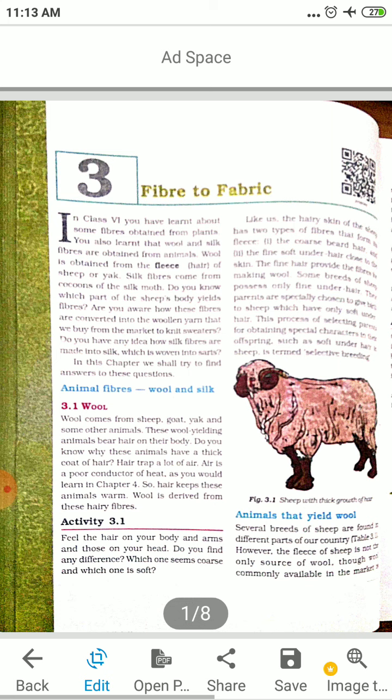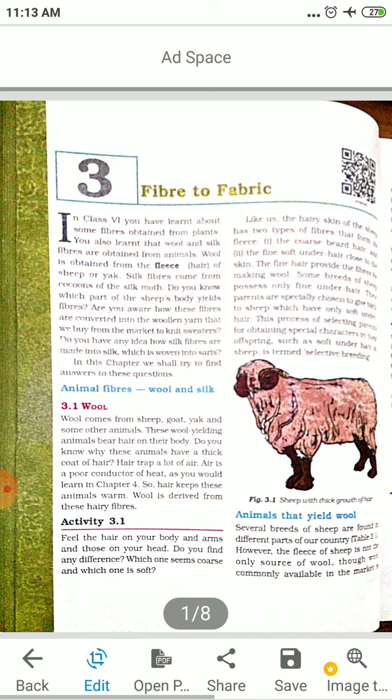Like us, the hairy skin of the sheep has 2 types of fiber, the coarse beard hair and the fine soft under hair close to the skin. So close to the skin it has got fine hair, soft hair, and beard has got coarse hair. Beard means dadi.